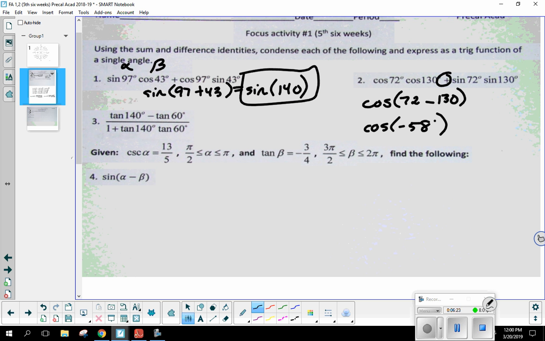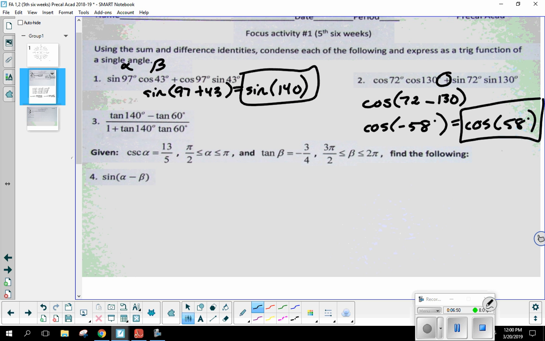That means if the angle measures negative, this is exactly the same as just saying cosine of 58 degrees. If it's even, that negative disappears. If it was odd, you pull the negative out in front of the trig function. And 58 isn't a value that we recognize on the unit circle, so we're not going to worry about approximating it.